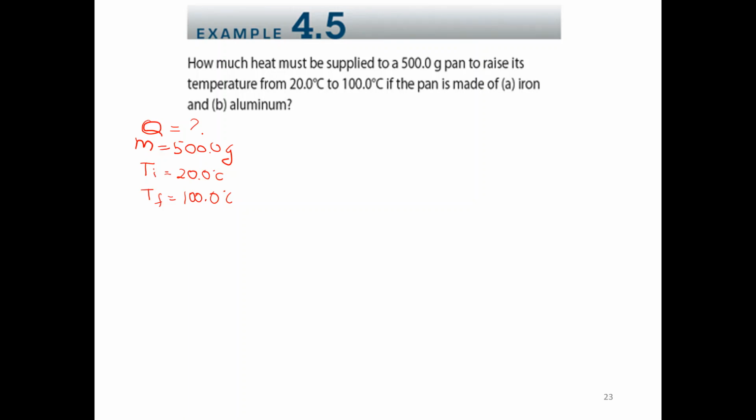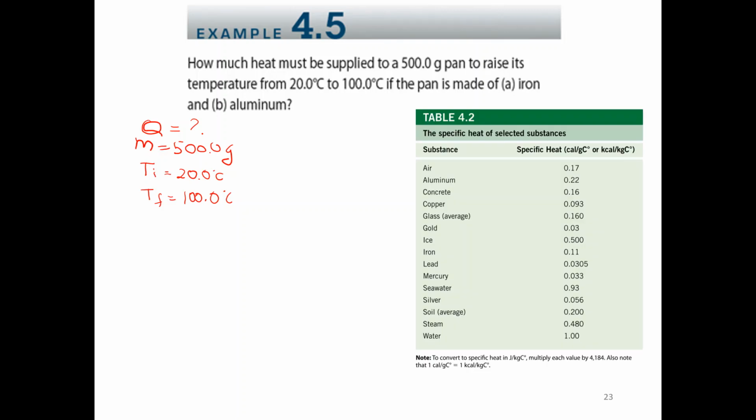When they tell us what kind of material the pan is made of, they are giving the information about the specific heat.